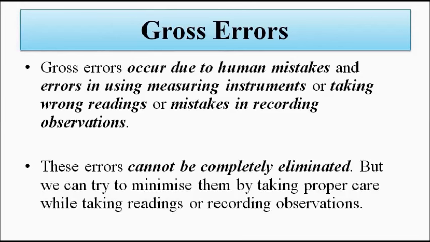All of these things combined together are called gross errors. Now, we cannot completely eliminate these errors. As I said, error can never be completely eliminated, but we can try to minimize them by taking proper care and precaution while taking the observations, the readings, the output.